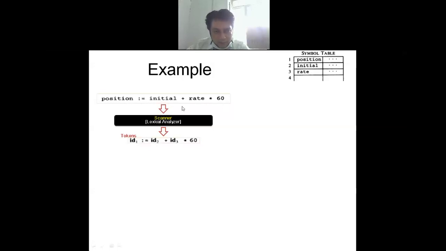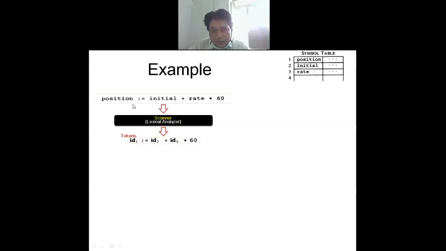If we pass this string to the lexical analyzer, the first phase, the lexical analyzer breaks it into tokens. Like position, you can treat it as id1, meaning it is the identifier for that language. Like in C, we have keywords like if, else, for, while, and there are some identifiers also. There are punctuation marks also. So we will see it in the lexical analyzer.